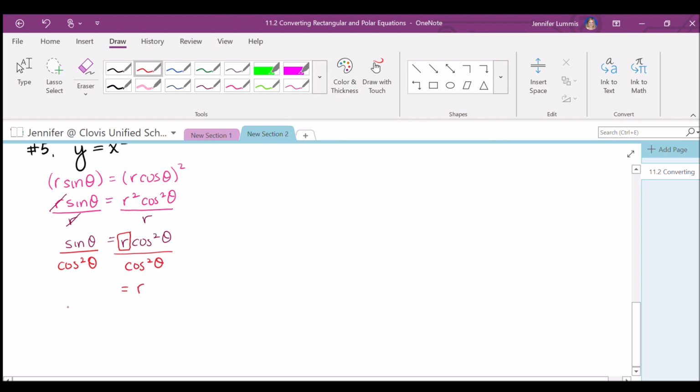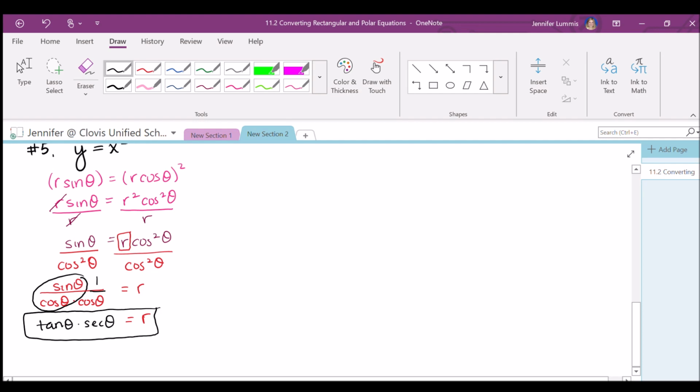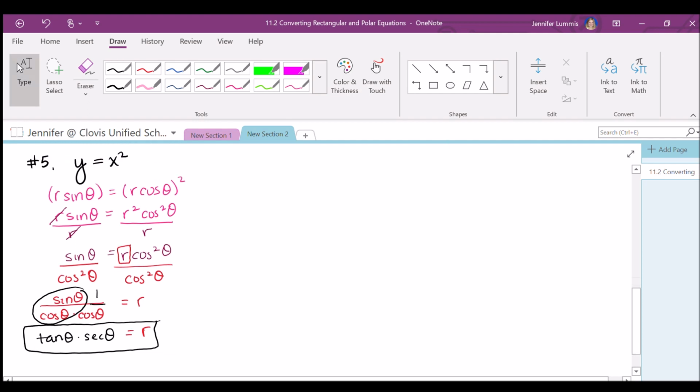So now we're also going to simplify what we have left. So I'm going to break up cosine squared into cosine times cosine and then regroup them. So sine over one of the cosines is tangent, and then the remaining 1 over cosine becomes secant. And then this is the way we like to leave our formulas. So r equals tangent times secant. It's not as nice as it is in rectangular form.